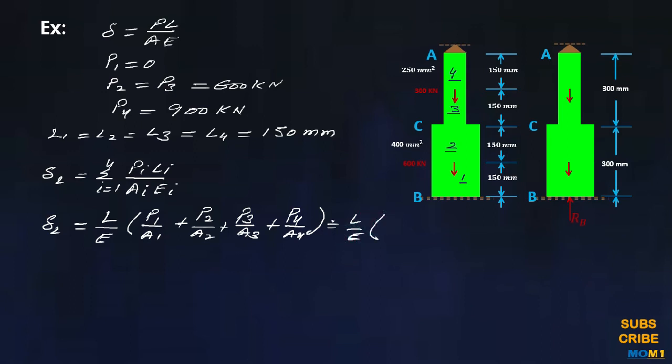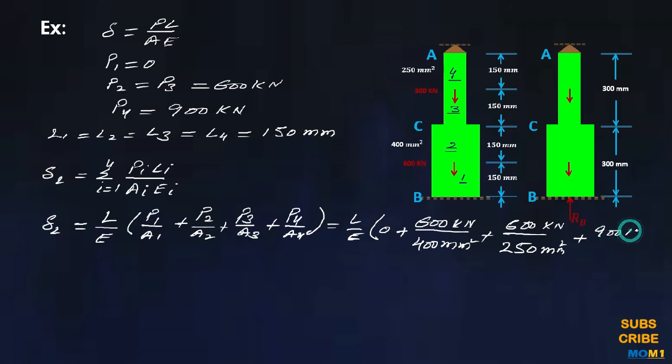In the first expression, P is 0, so this is going to be 0 plus the 600 kilonewton force upon the cross section area of 400 millimeter square, plus again for section 3 the force is 600 kilonewton upon the cross section area, which is 250 millimeter square, plus P4, that is 900 kilonewton upon the cross section area, 250 millimeter square.